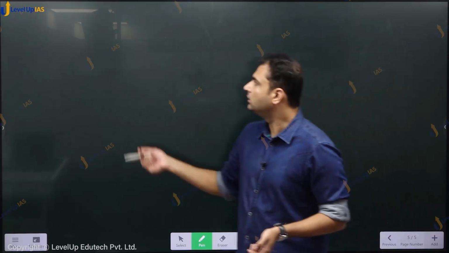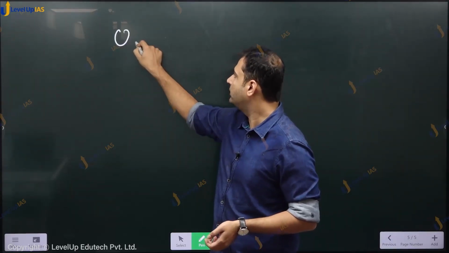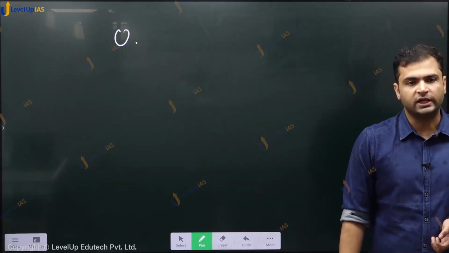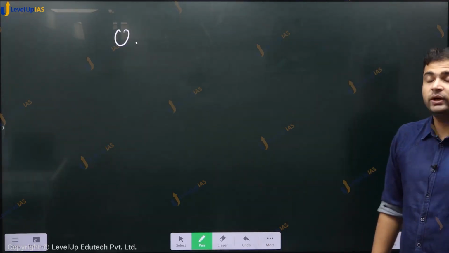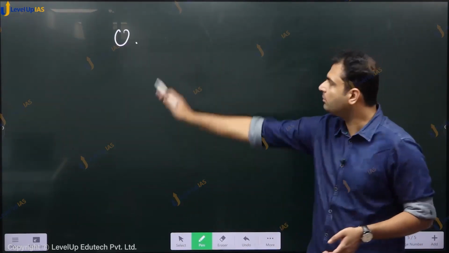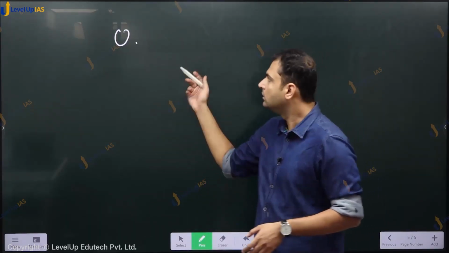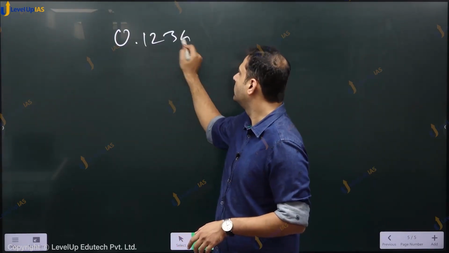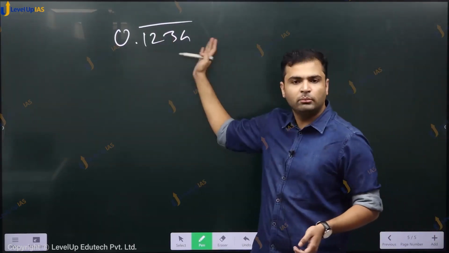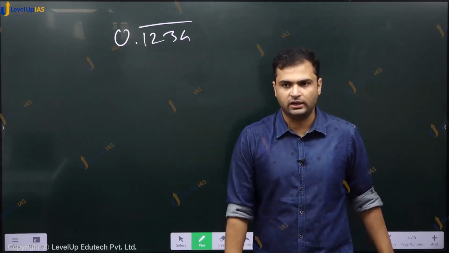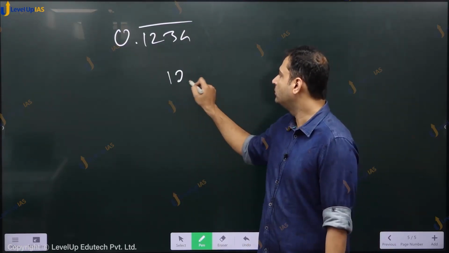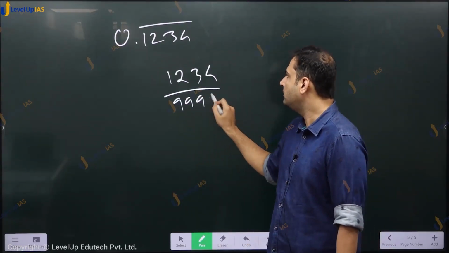In general, if you have any repeated or non-terminating fraction such that the repeated digits start immediately after the decimal point, meaning the repetition starts right after it, with any number of digits, like something like 1 2 3 4 bar, then the working rule is: divide the number by as many 9s as there are digits. So it would be 1234 divided by 9999.